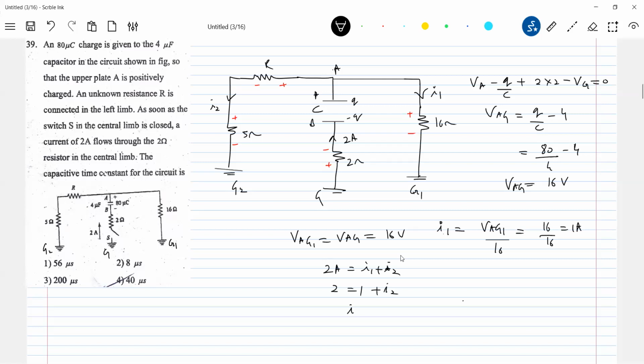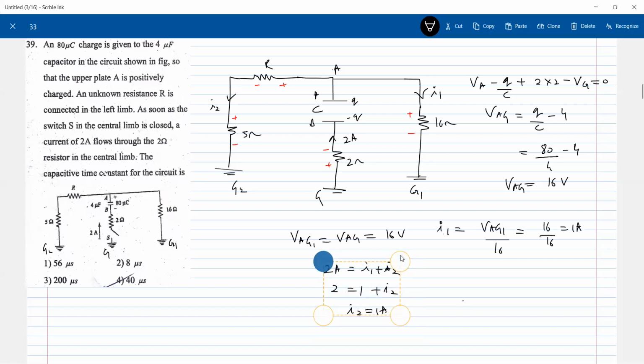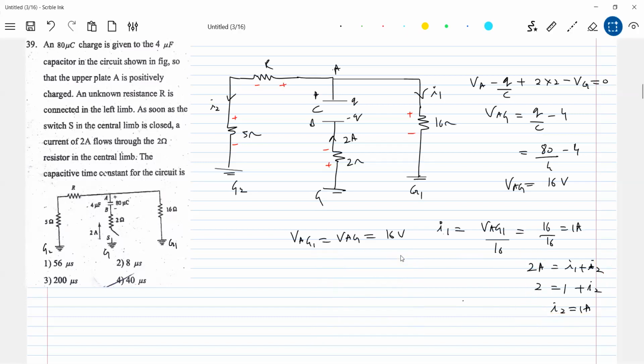What is the value of I2? I2 should be equal to 1 ampere. So we got those currents. After getting this current I2, we know the potential VAG2.